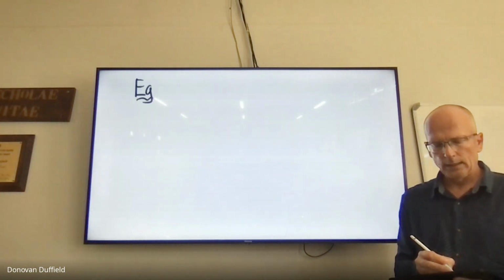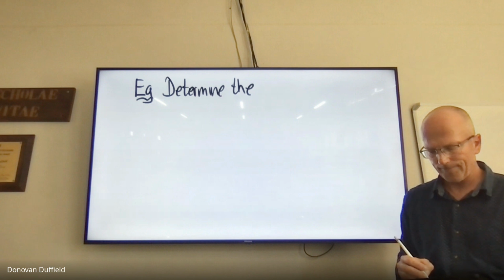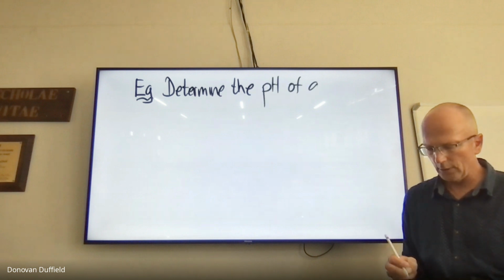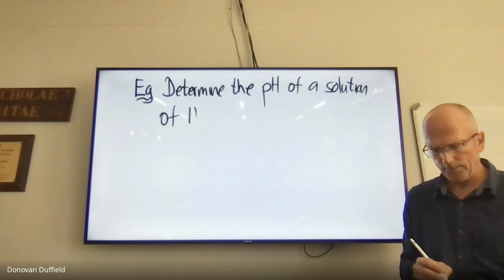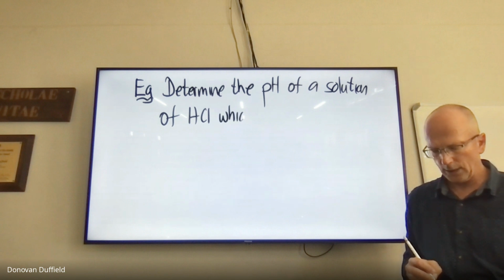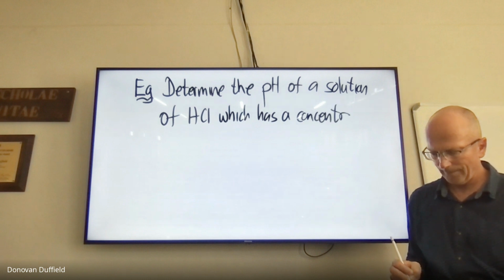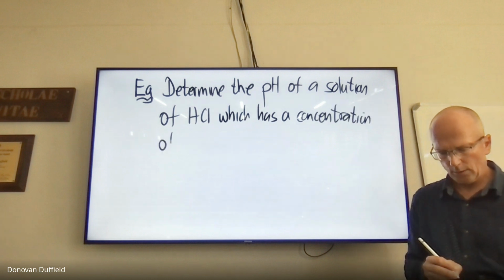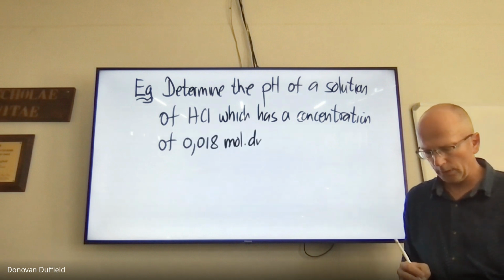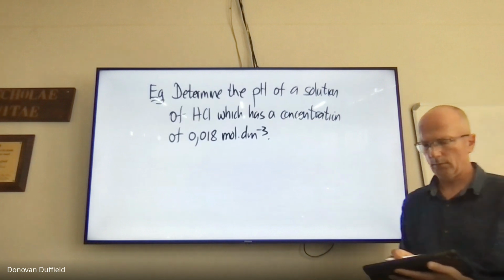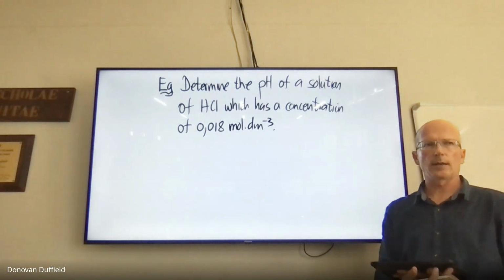Example: determine the pH of a solution of HCl which has a concentration of 0.018 mole per cubic decimeter. Okay. We're now converging on the types of questions you could get in a test or an exam.